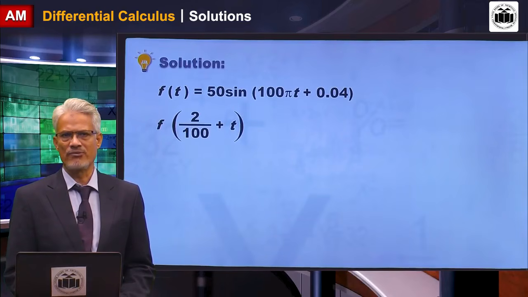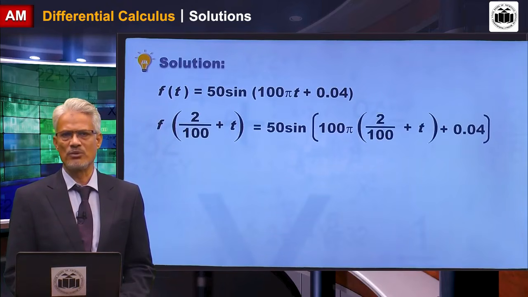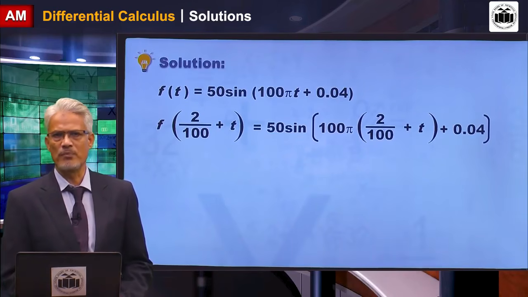That's why we are getting f(2/100 + t) is equal to 50 sin 100π. In place of t, we are substituting 2/100 + t. That's why this is equal to 50 sin(100π(2/100 + t) + 0.04). This is the most important step for this question.